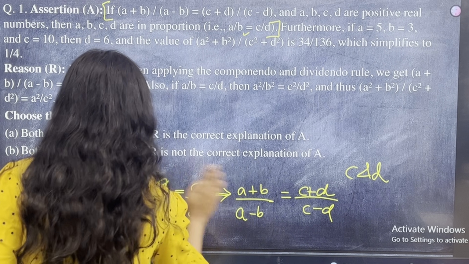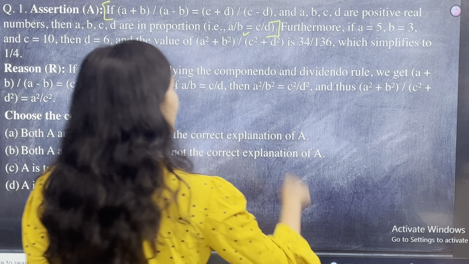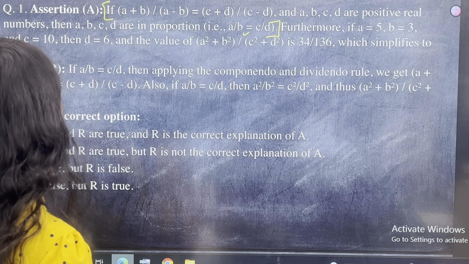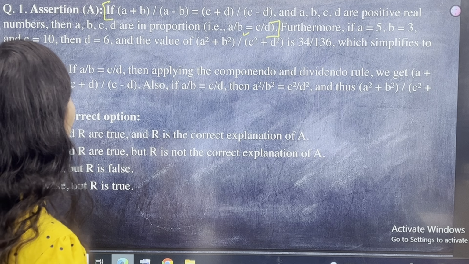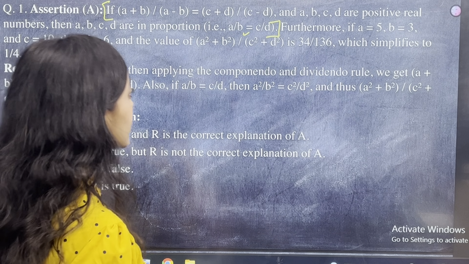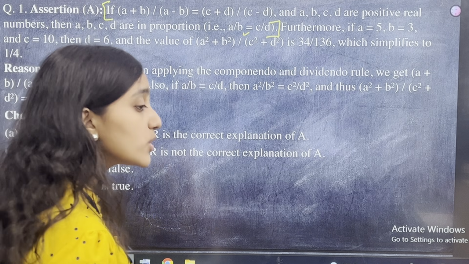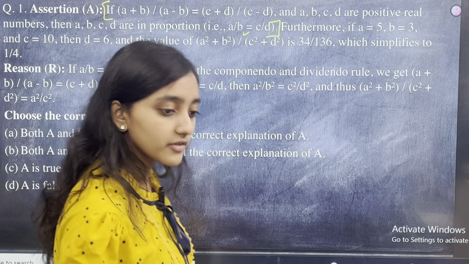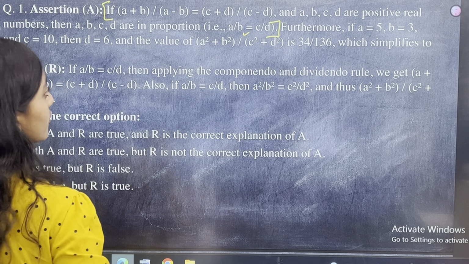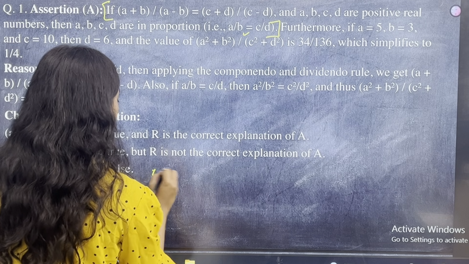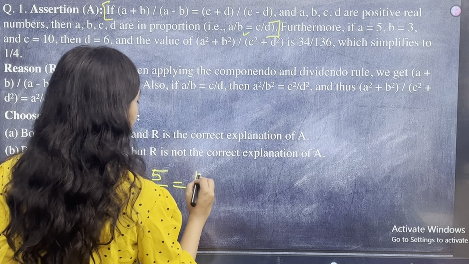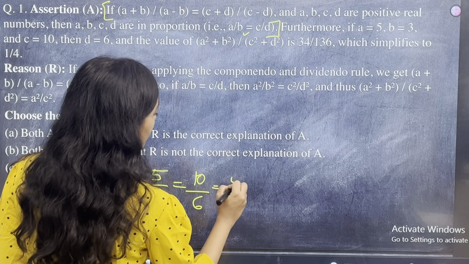Now, furthermore, if a is equal to 5, b is equal to 3, c is equal to 10, then d is equal to 6. And the value of a square plus b square by c square plus d square is 34 by 136, which simplifies to 1 by 4. We must check whether this is correct or not first of all. Let us substitute in this particular equation. You first have 5 by 3, a by b is equal to c by d, which is 10 by 6. 10 by 6 is 2 5s are, 2 3s are.